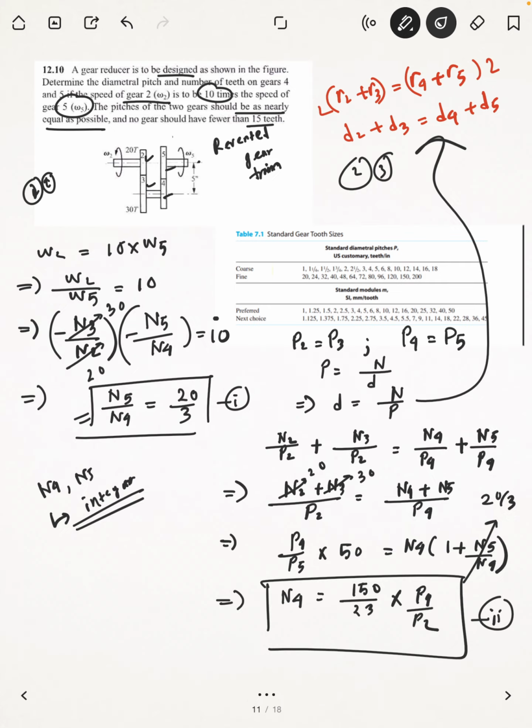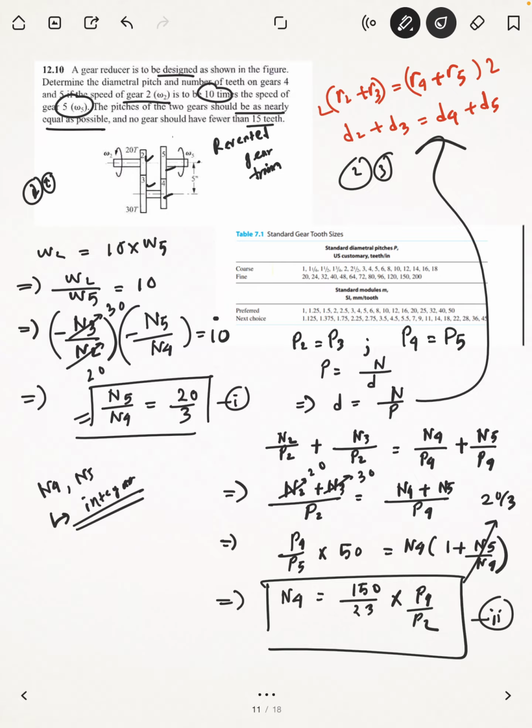There should be a whole number. That is one of the conditions. And another condition is that the diametral pitches you choose should be close to each other. That means P2 and P4 should be as nearly close to each other as possible.